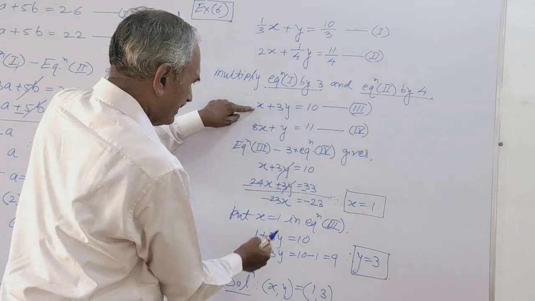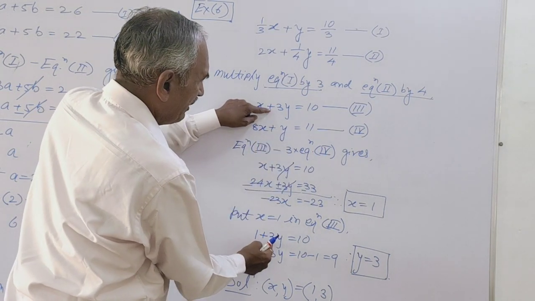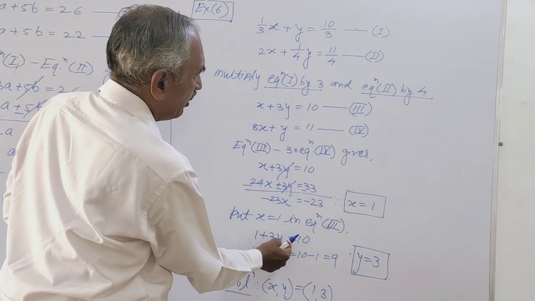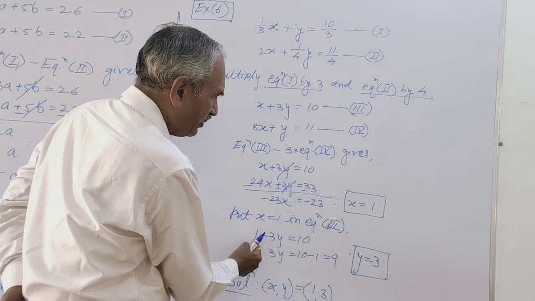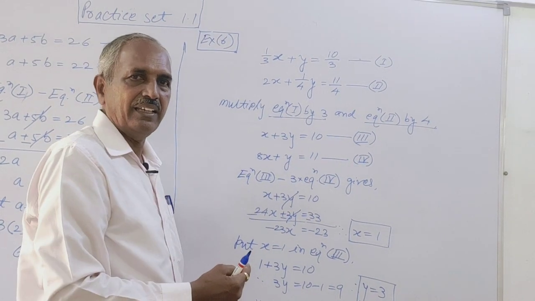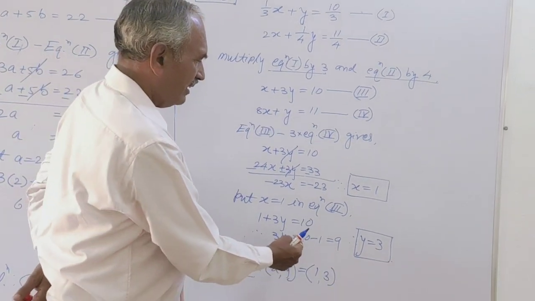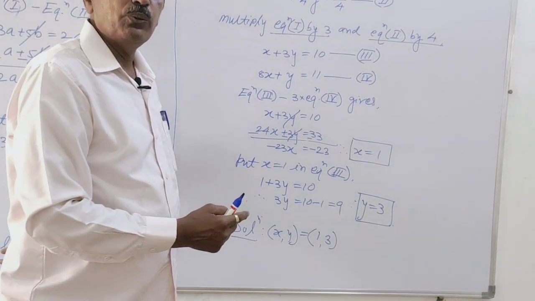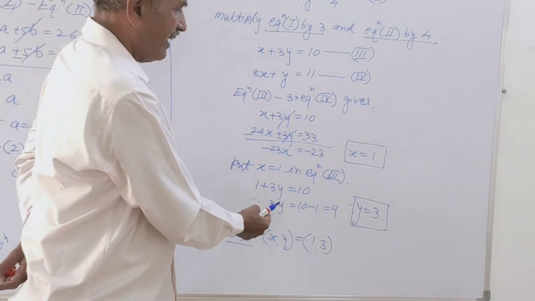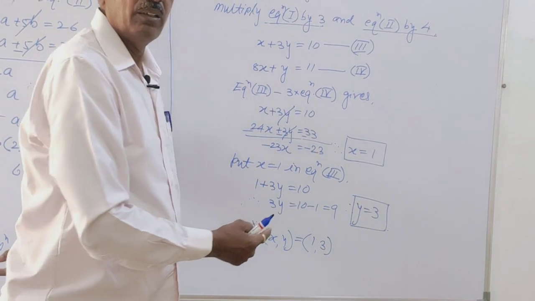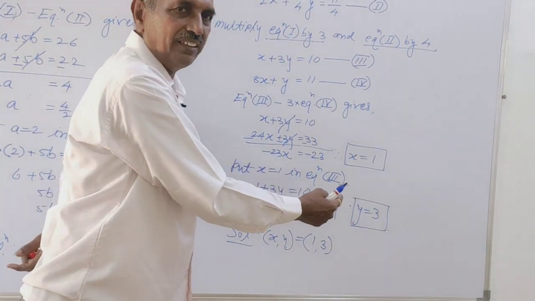Here the value of x is 1, plus 3y as it is, is equal to 10. Next step, this 1 will be transferred to the right-hand side. Then it becomes 3y is equal to 10 minus 1, which is 9. And 3y is equal to 9 means y is equal to 3.